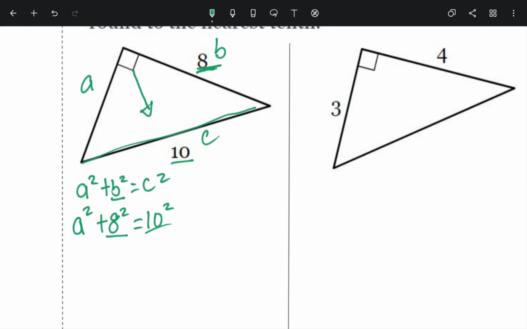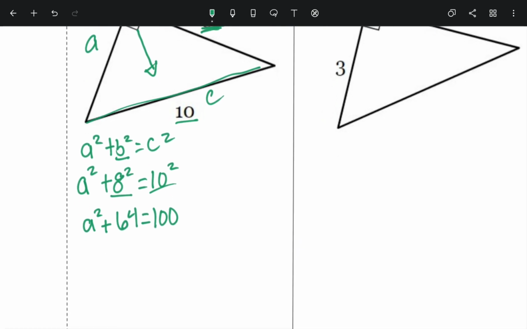Now I'm going to square both those numbers. A squared is a squared. 8 squared is 64. And 10 squared is 100. So now we have a squared plus 64 equals 100. Now to get a squared alone, I am going to subtract 64 from both sides.